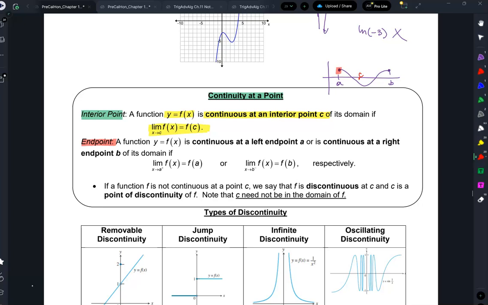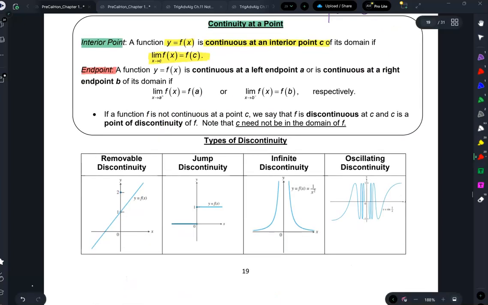No. So in that case, we only do a one-sided limit. Does the limit exist from the positive side? Yes, it does. F of a exists. Are those two numbers the same? Yes, they are. So the function is continuous at that point. Okay. What's f of C? The y value at C.